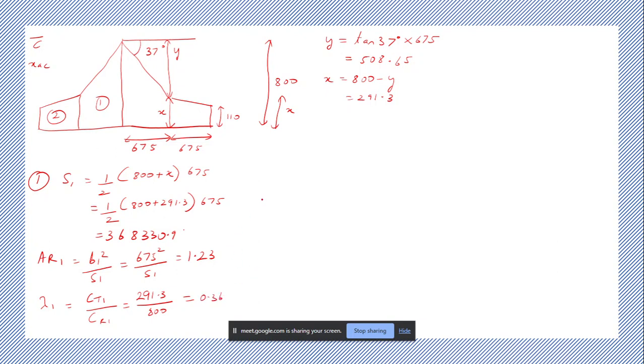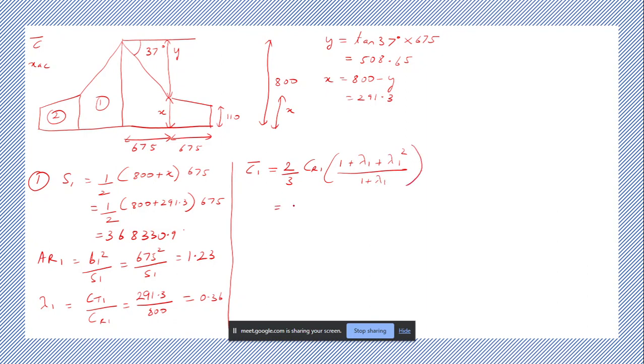Okay, using this you can find out the C bar, the mean aerodynamic chord of the first section. What was the formula? Does anyone remember? Just 2 by 3 CR1 into 1 plus lambda plus lambda squared over 1 plus lambda.